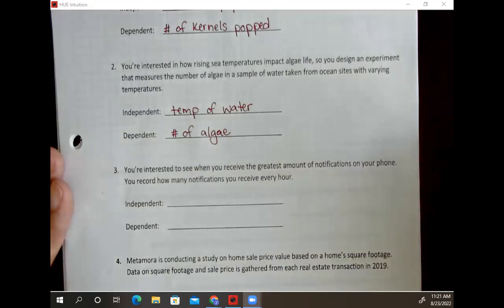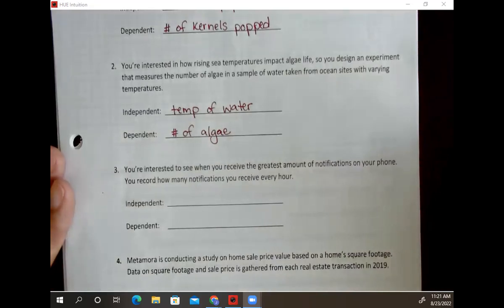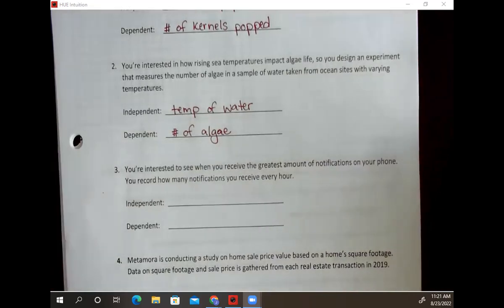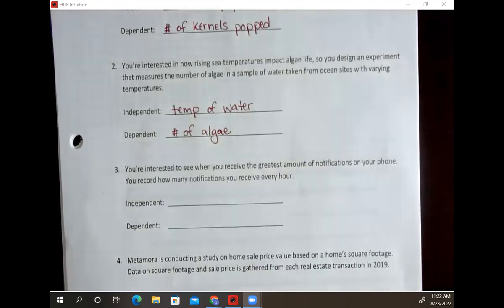You record how many notifications you receive every hour. What would be our independent variable here? Thing that I decide or I am in charge of. The time, yeah. When do I record these notifications?